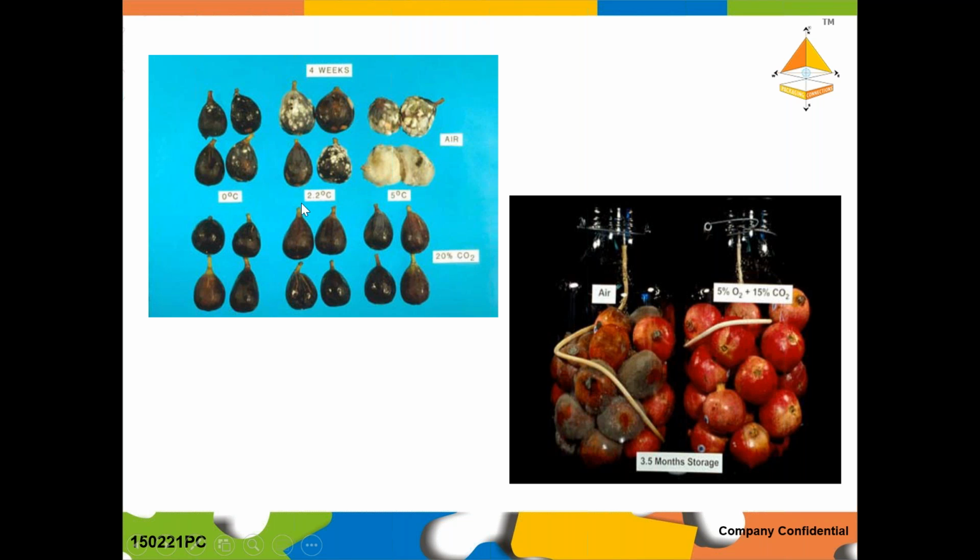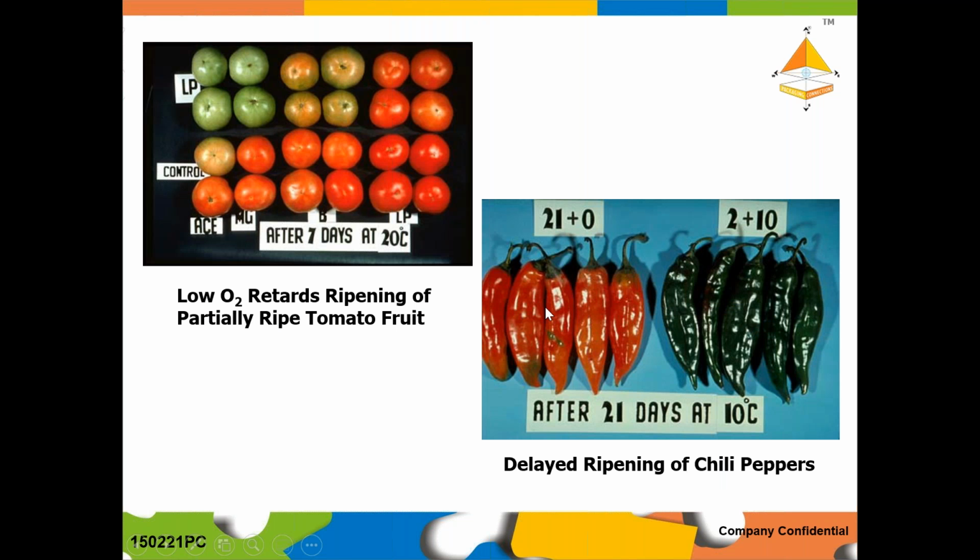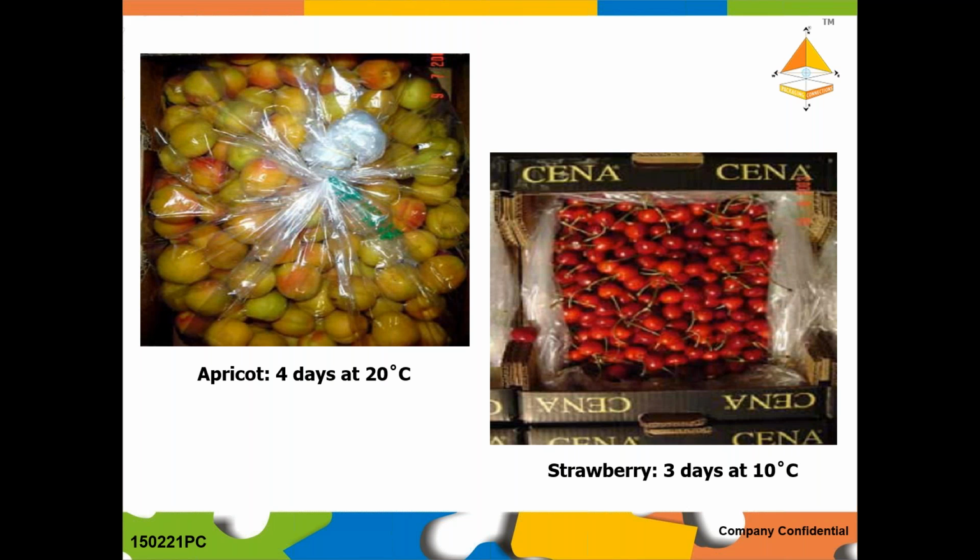So I guess this is the good one. Then 3.5 months storage, air, 5% oxygen, 15% carbon dioxide. Tomato, chili, peppers, apricot, strawberries.